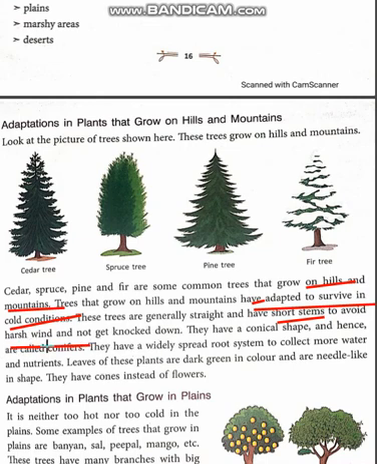Harsh weather means harsh wind, and that way they do not get knocked down. Because of that, they do not easily fall down. They have a conical shape, we can all see. Because of the conical shape, they are called conifers.